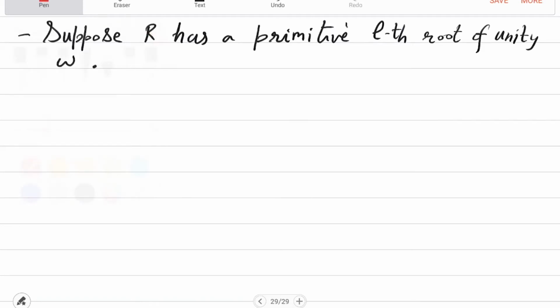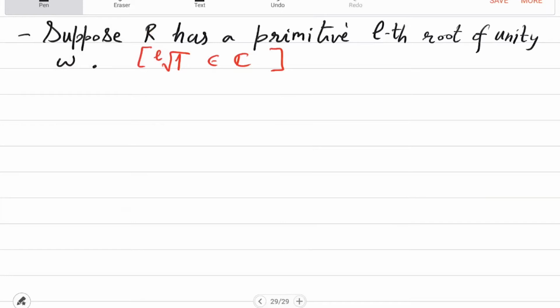So symbolically you are looking at this 1 raised to 1 over L, or Lth root of unity. So in general these are available in the complex field, but may not be available anywhere below the complex field. So we are assuming that R has whatever we need. Okay, so that's a major assumption.